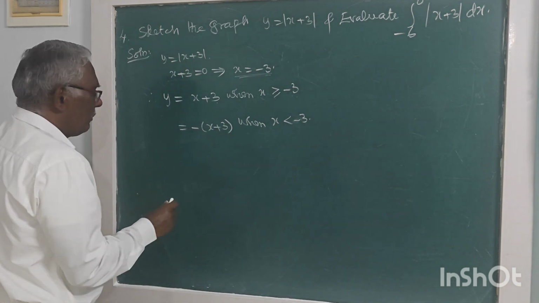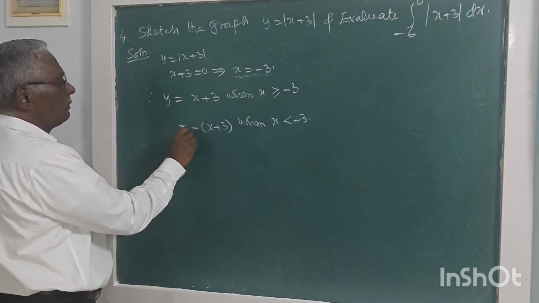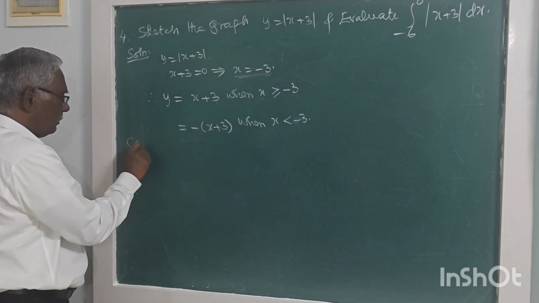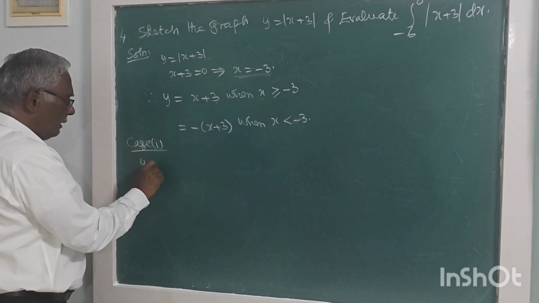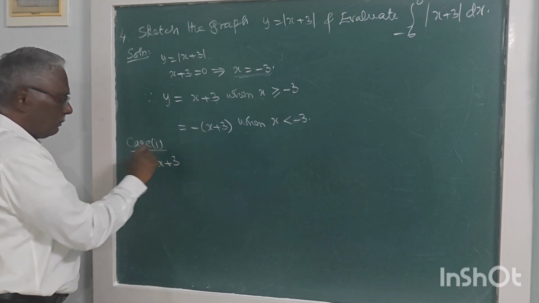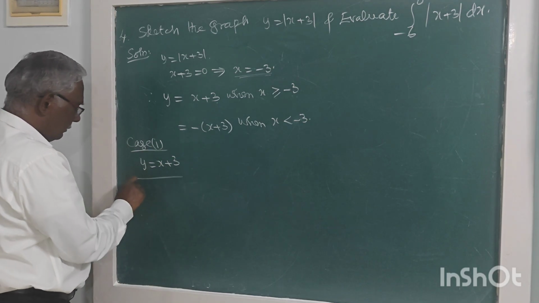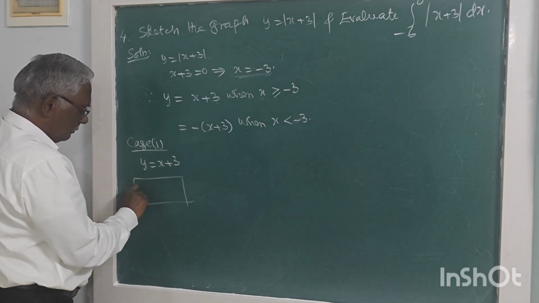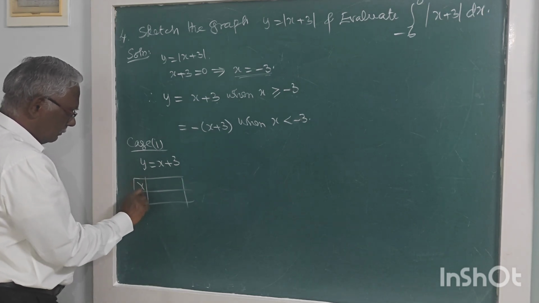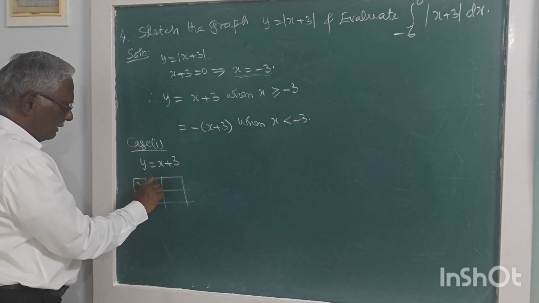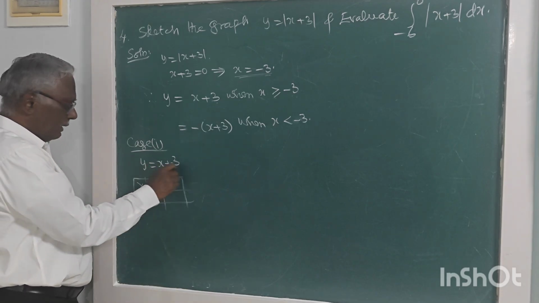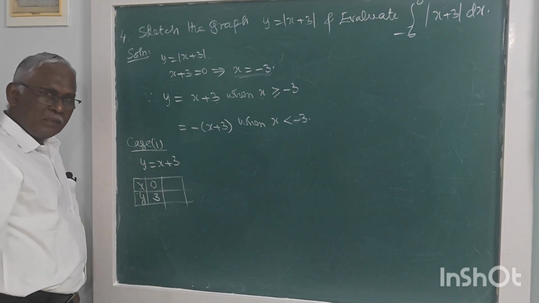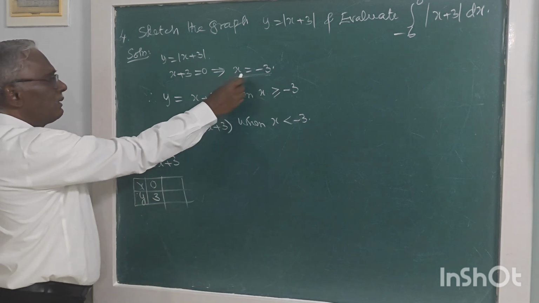To draw the graph, we should get points. Case 1, y is equal to x plus 3. Put x is 0, we will get the value of y is 3. Then x is minus 3.